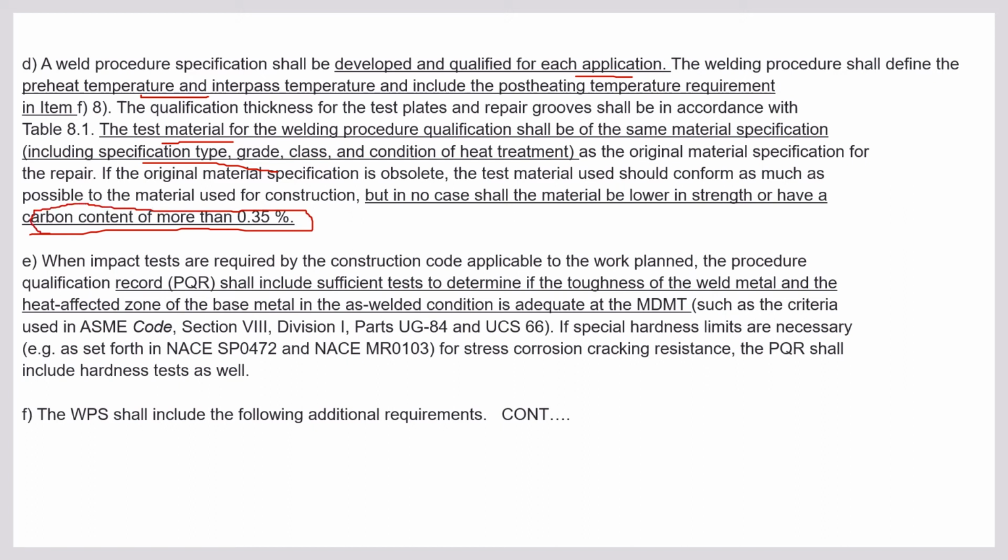Okay, above 0.35 this is forbidden for welding. Okay, and above 0.3 special attention needs to be paid. So when impact tests are required by the construction code applicable to the work plan, the procedure qualification record shall include sufficient tests to determine the toughness of the weld metal and the heat affected zone of the base metal in the as welded condition is adequate at the MDMT.